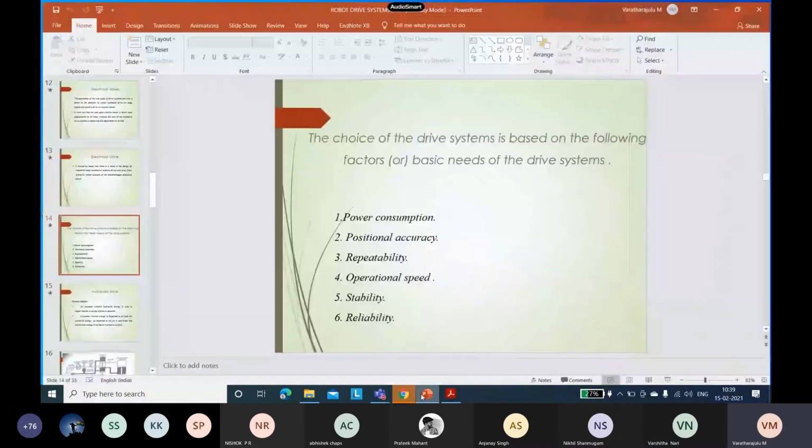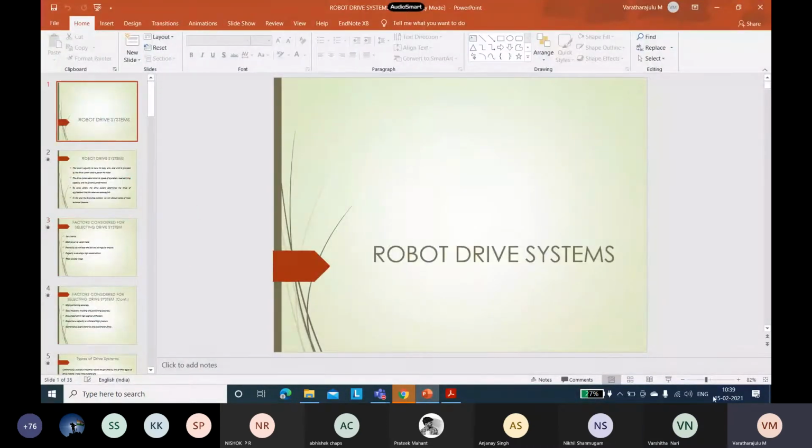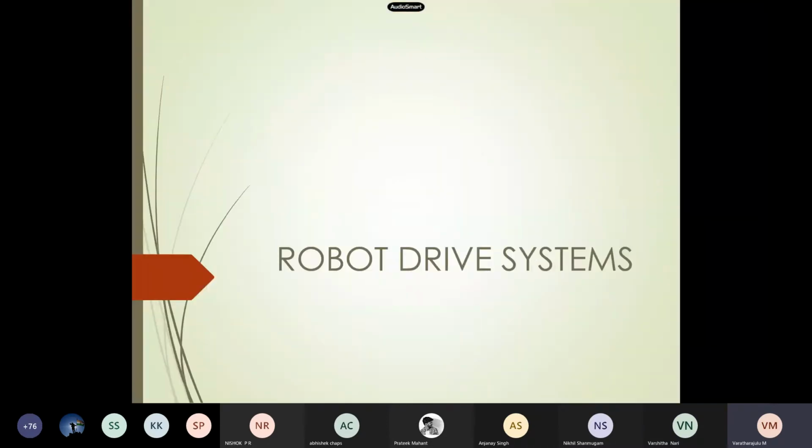This is today's content, that is robot drive system. The main motive power of a robot is in the drives. Various transmitting elements are employed to drive the mechanical links to a desired position and orientation in the envelope of a robot manipulator.